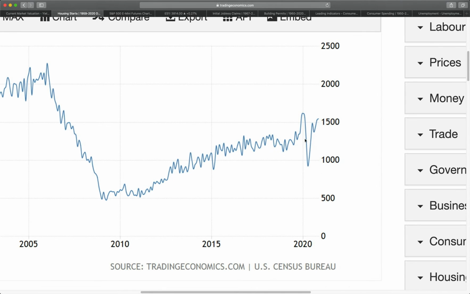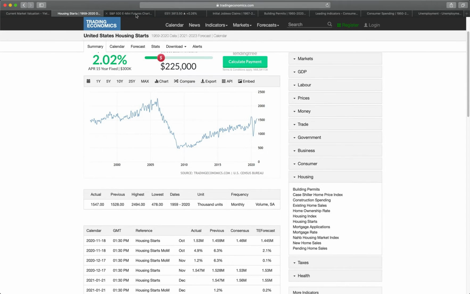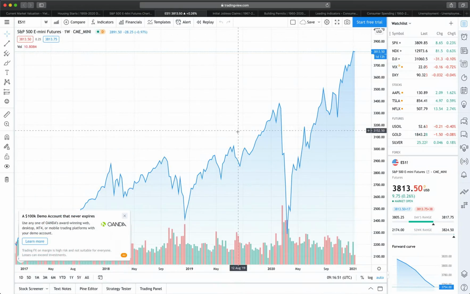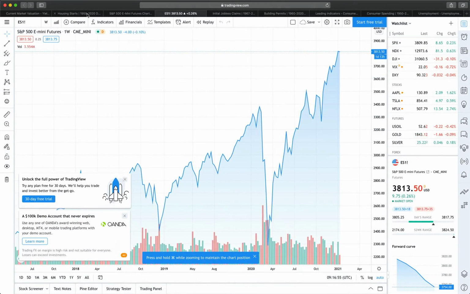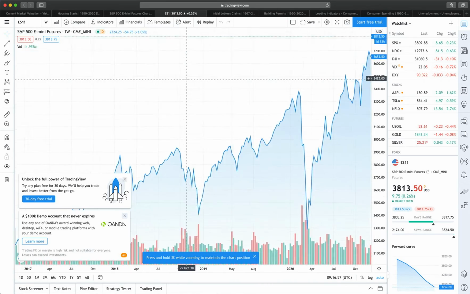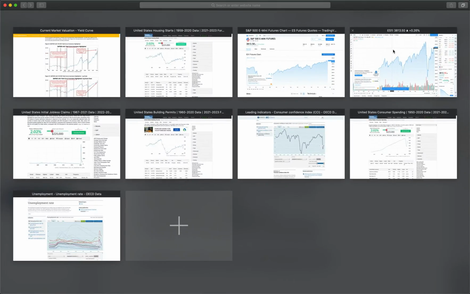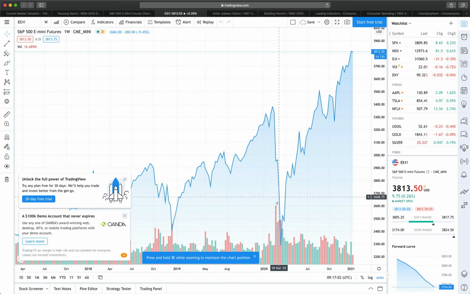Not sure what to make of that, but overall it's been increasing, so in theory it signals an expansion in the business cycle. The next one is the S&P 500. If we take a look at the charts, basically it's been increasing since March, so theoretically it would signal an expansion.